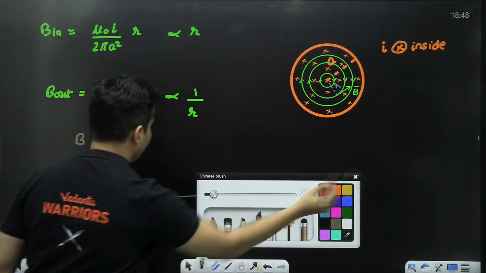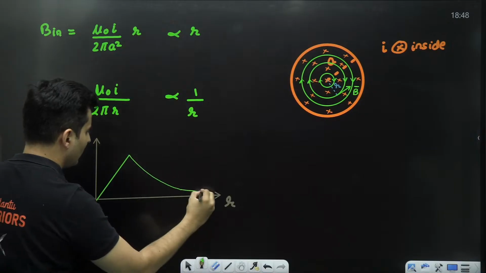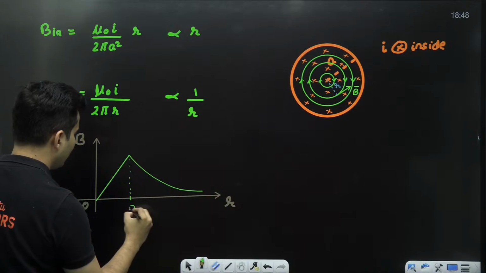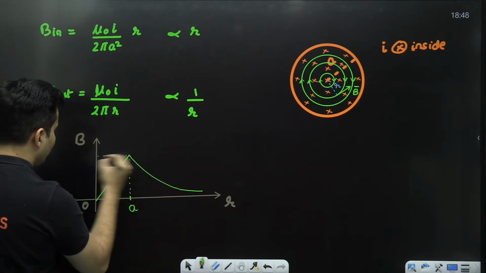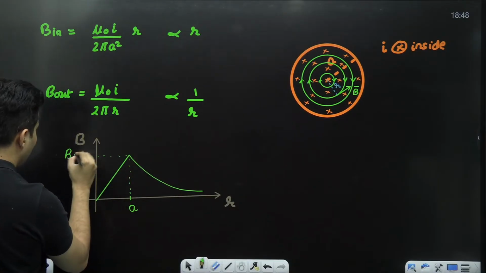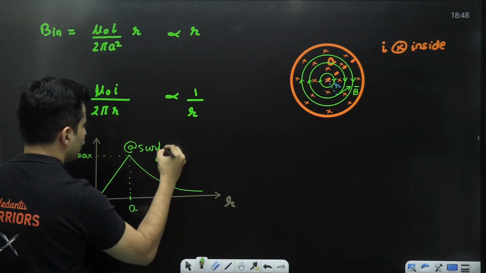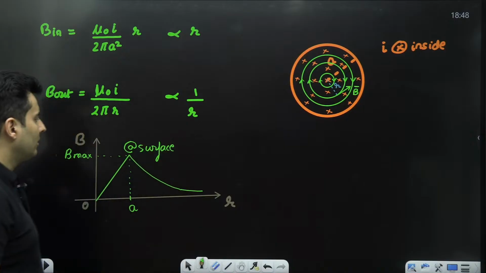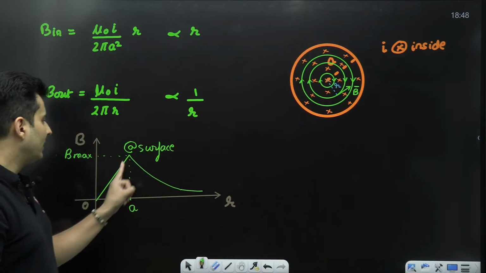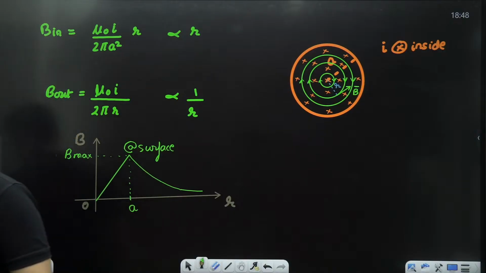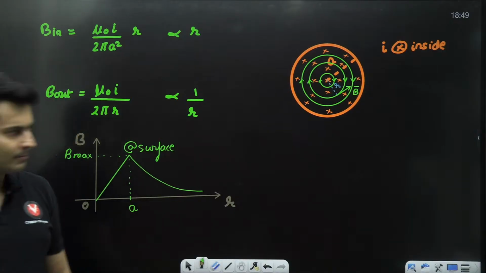But after that it goes down like this, and this point is exactly A. So this is the maximum field that you get, and this is at the surface. At the surface you get it maximum, and after that it is inversely proportional to that. Is this absolutely clear, everyone?